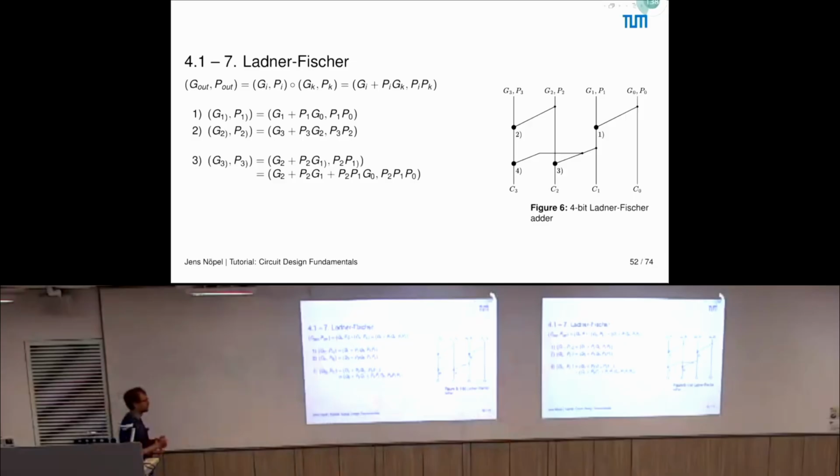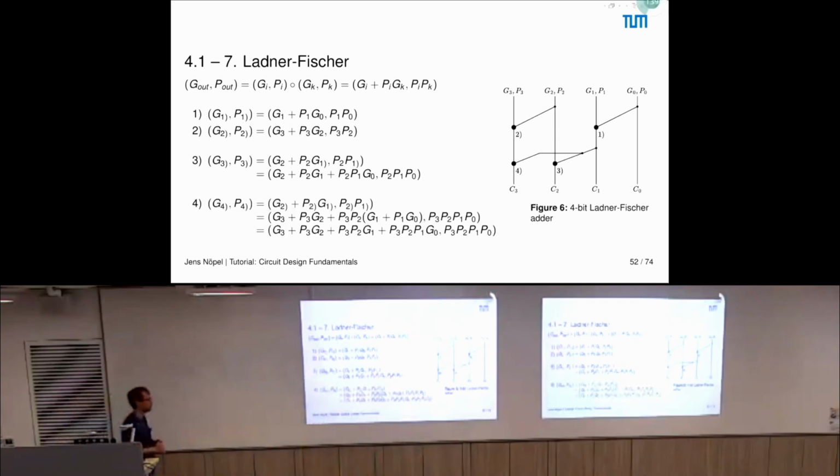Then we do that for G3 intermediate again. There we take G2 and P2 as I, and we take this intermediate node as K. Then we get this one, and if we plug in the intermediate node, we come to this result here, and this looks like that.